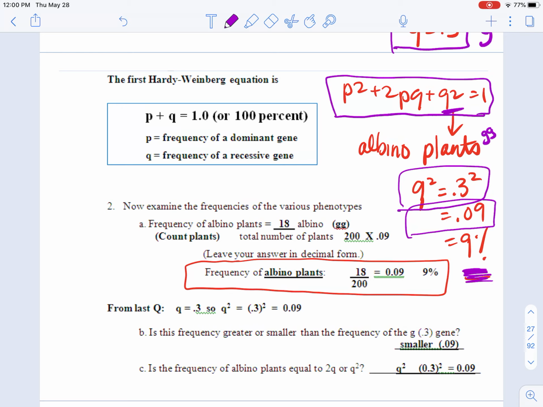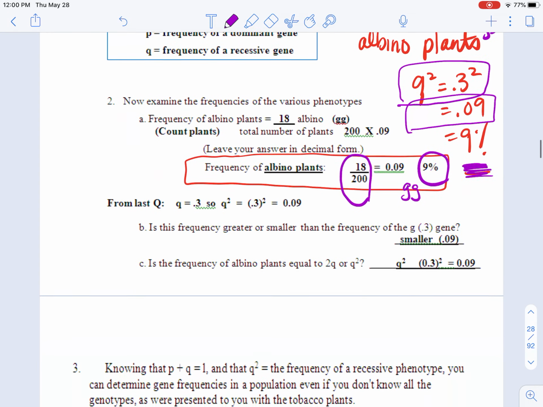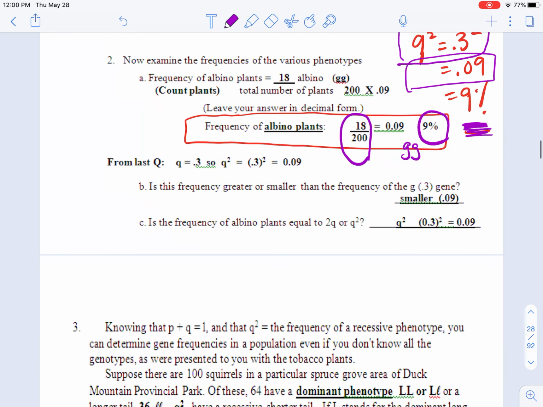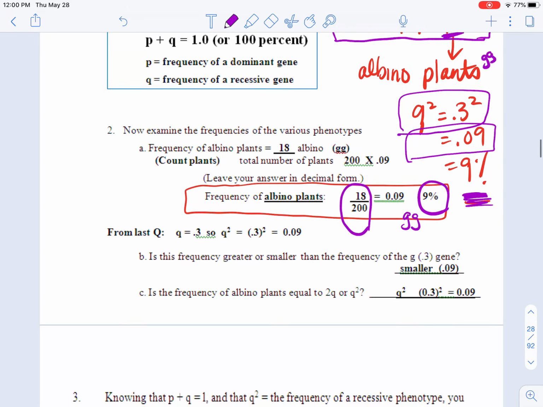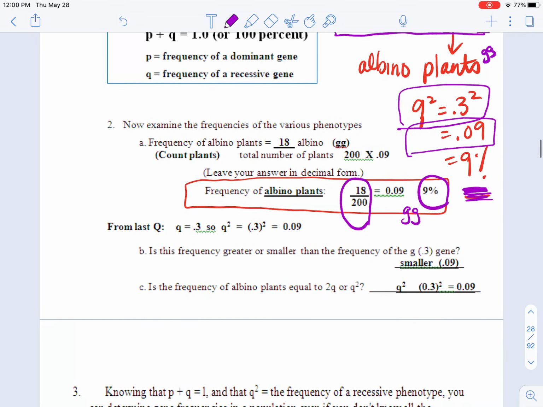That means 9% of my plants are homozygous recessive, but someone went and counted them, and indeed there are 18 out of the 200 that are albino homozygous recessive plants, little g, and that is 9%. So no matter if you count them or calculate it, you're getting the same thing. And then you can go on to use the 0.3 and 0.7 to find out the other allele frequencies as well, and they will match up to counting them.